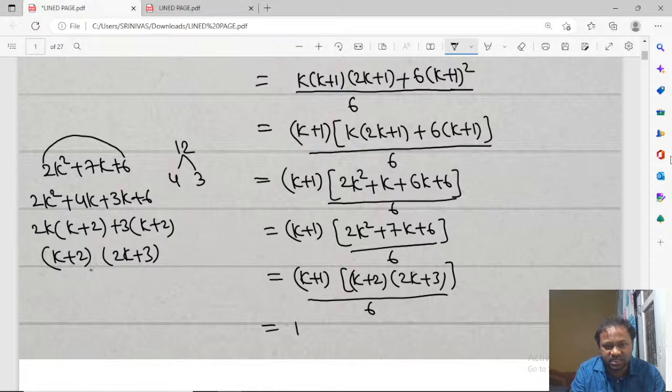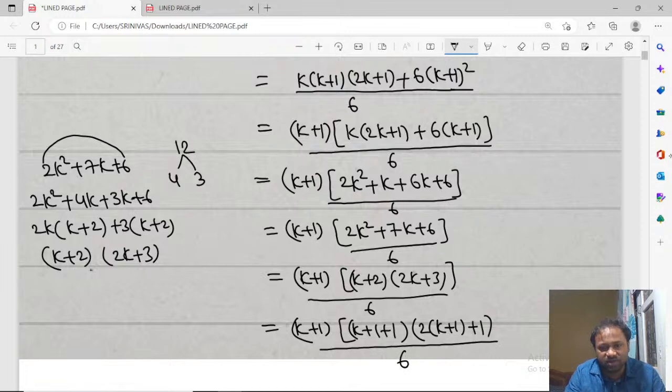Then what does it mean? (k plus 1) into (k plus 2). How can we write (k plus 2)? We can write (k plus 2) as (k plus 1) plus 1, into (2k plus 3), we can write it as 2 into (k plus 1) plus 1, divided by 6.